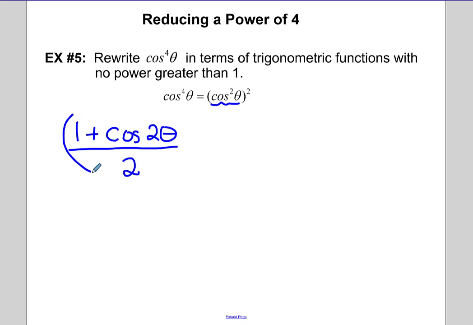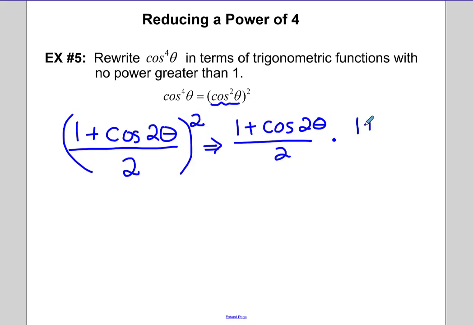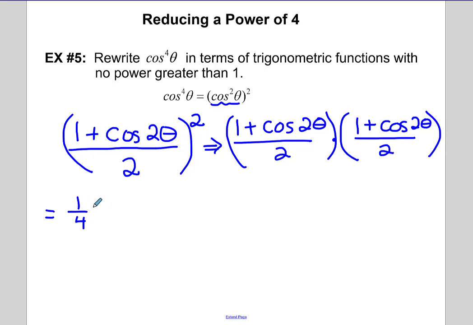And we have that squared. So if you think about rewriting that, 1 plus cosine 2 theta over 2 times 1 plus cosine 2 theta over 2, you could pull out the 2's in the denominators and have that become 1/4 times 1 plus cosine 2 theta times itself.